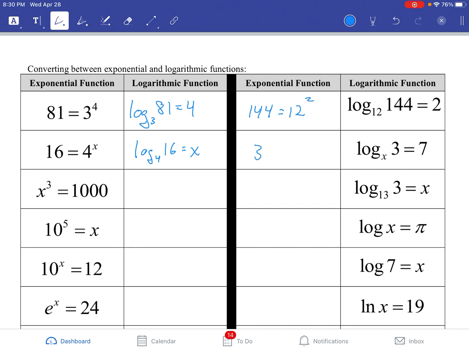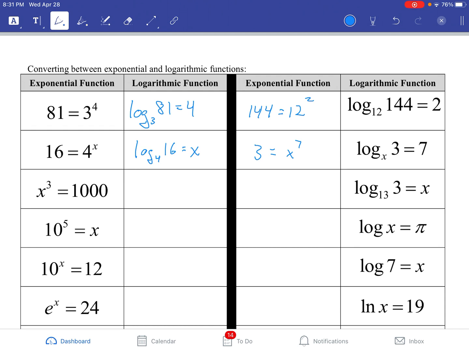All right, next one. You have 3 equals x to the 7th. Now this particular problem is a problem that you would solve using logarithms, because a regular number to the 7th power does not equal 3. So that's going to be some kind of weird decimal. This is where you'd use a logarithm to solve that equation.